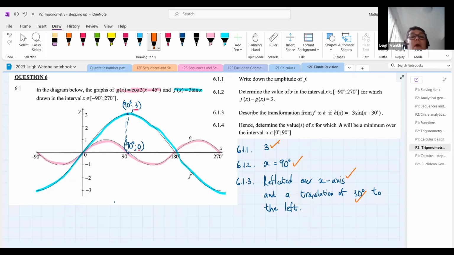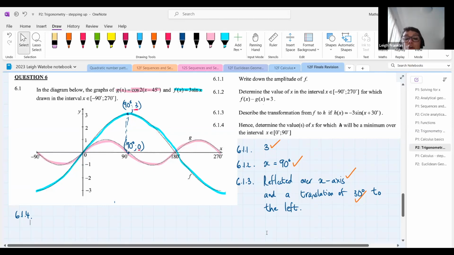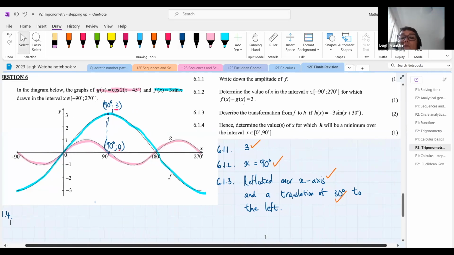Well done, everybody. And the last question here, question 6.1.4, says to us hence. So when we see the word hence, we know that we've got to use what we've just written down or calculated or described, whatever it is. Hence, determine the value or values of x for which h will be a minimum over the interval from 0 to 90.